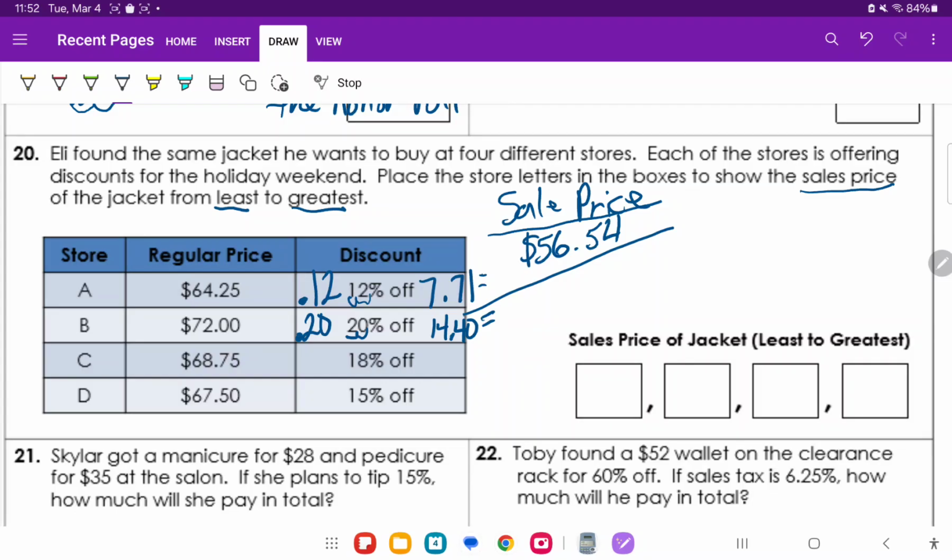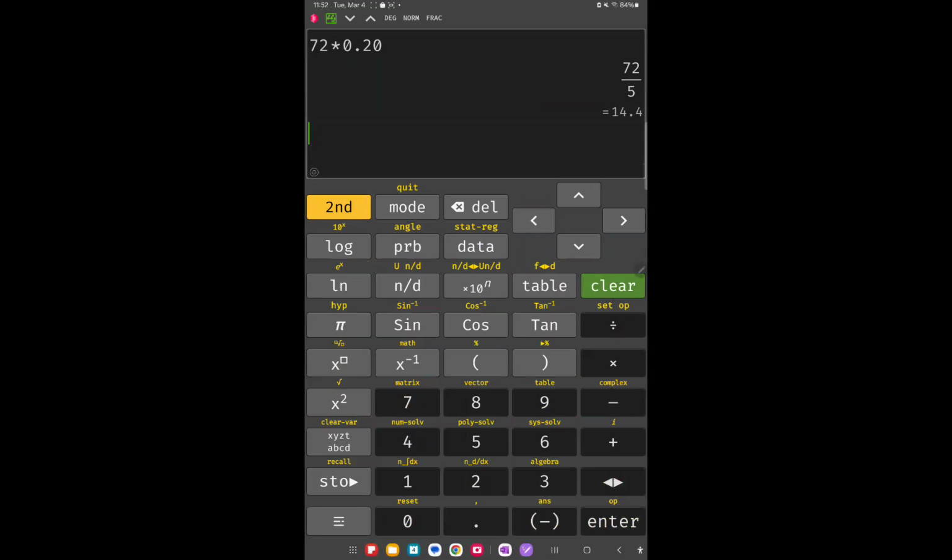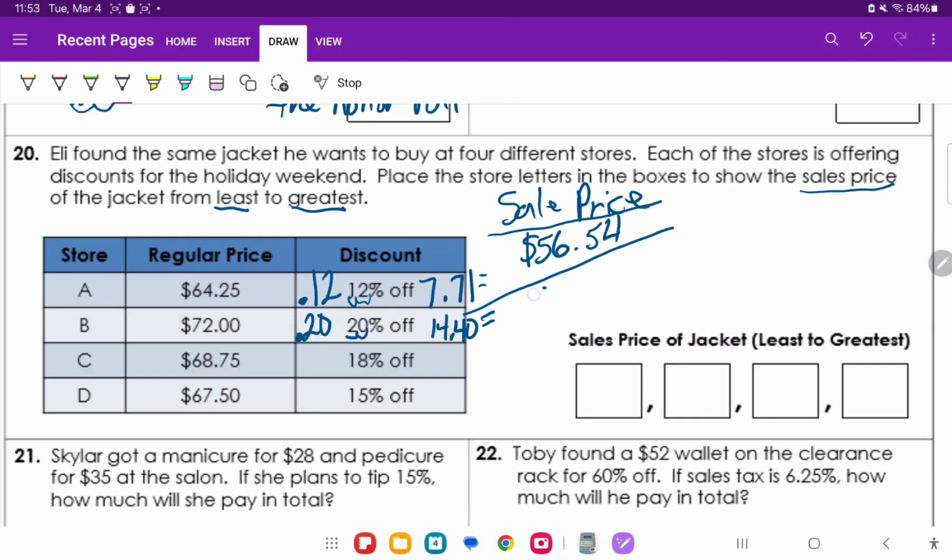So on this one, we're going to take the 72 minus the $14.40. So that is $57.60. All right. So that was store B.